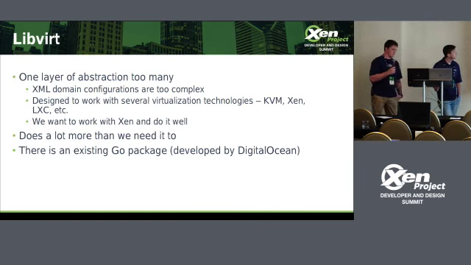There's a Go package developed by DigitalOcean that has seen some use in production on their server side. And there's also one by libvirt themselves. But again, that's for use on the server side, and we have different needs on the client side. So what it really came down to is that there was an extra layer of abstraction that we felt was very unnecessary for us wanting to work with Zen.